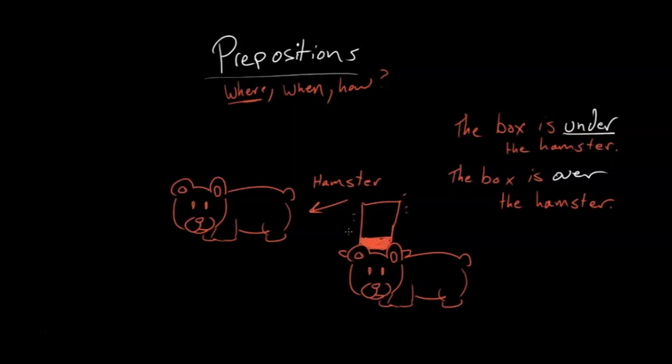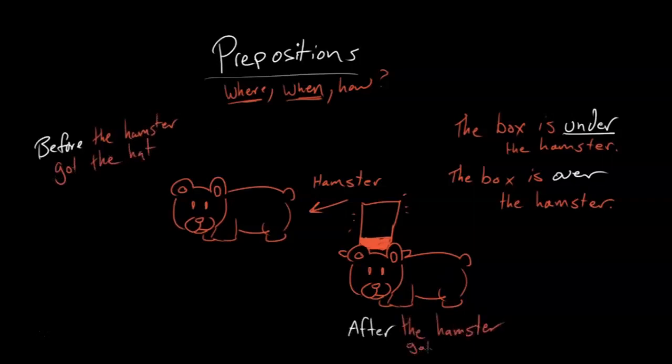Ding. Now another use for prepositions is we can talk about when things are in relation to each other. So I could say before the hamster got the hat and after the hamster got the hat. Right? And these words after and before express relationships in time.